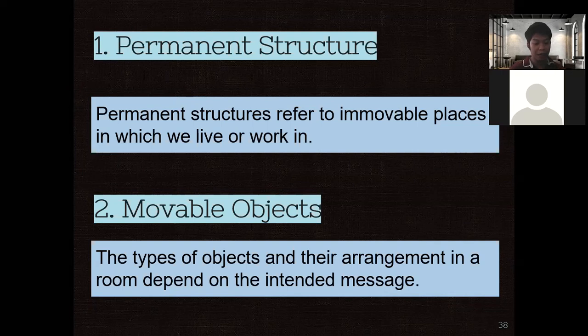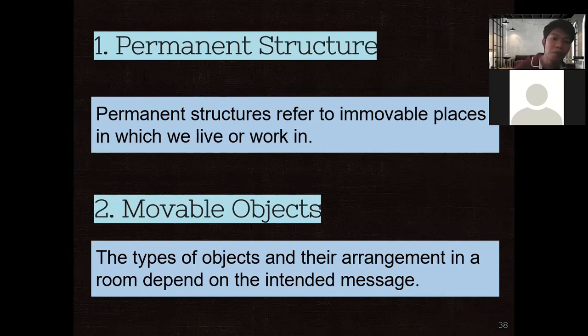First is the permanent structure. Permanent structures refer to immovable places in which we live or work in. The structure in our workplace, in our home, has a meaning to that.